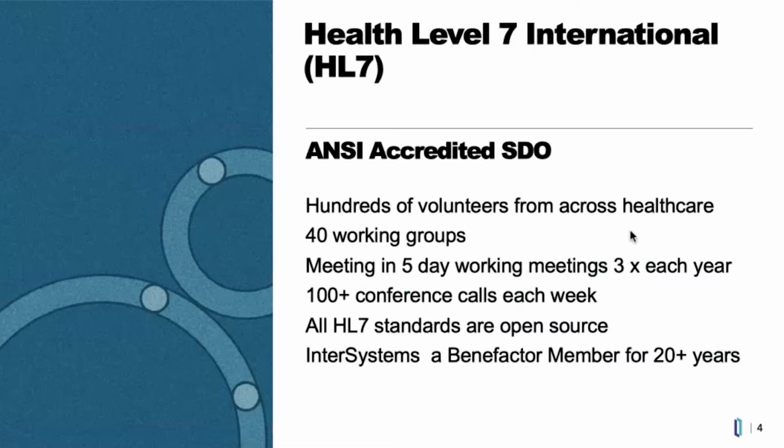So I want to start out by talking about Health Level 7 International, which is an ANSI accredited standards development organization, and that's where FHIR comes from. HL7 is a volunteer organization, has hundreds of volunteer members worldwide who work on the creation of standards. There are over 40 work groups in HL7 with various mostly domain-specific purposes, and they create projects to develop standards.